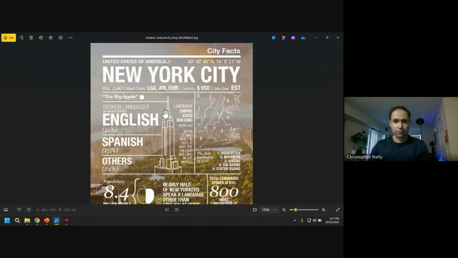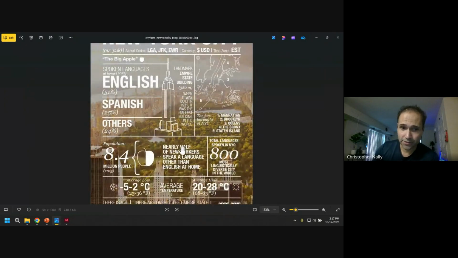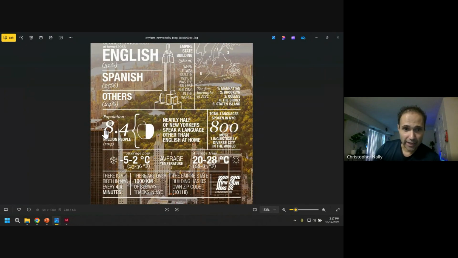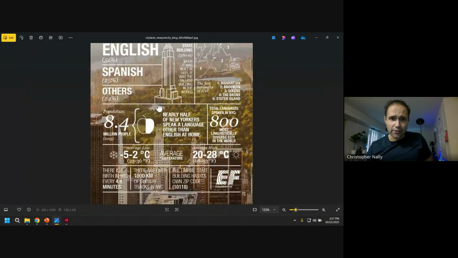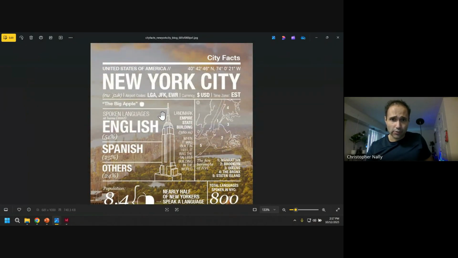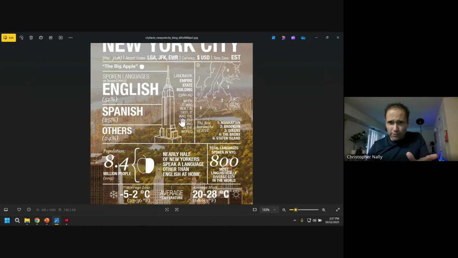It's a little hard to read in some places, but what's cool about this is that notice what they're doing here. 8.4 million people, 800. Then we have temperature stats right here. It's using emphasis in the form of size, right? To give out the most important bits of information. So when people glance through this, when they're reading through it, it places that emphasis so people understand it. So you can see right here, this is a good example of a factual index. A little bit hard to read though.